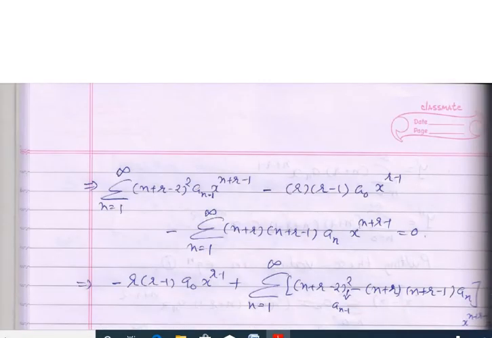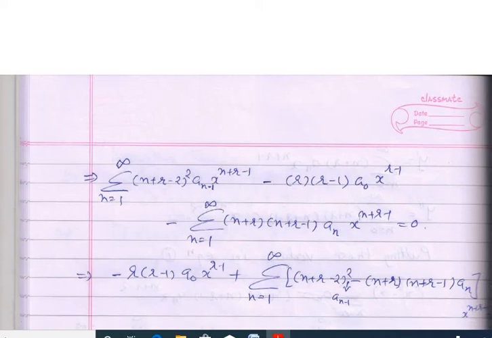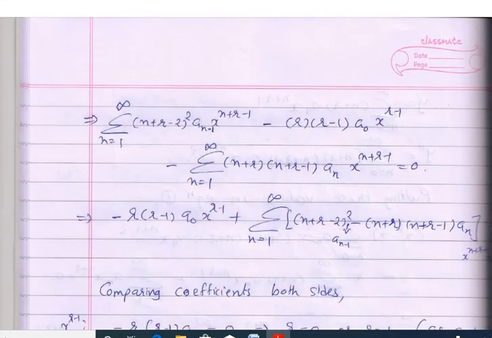So r into r minus 1 into a0 x raised to r minus 1, and then sigma remains as it is from n is equal to 1. So this term remains as it is, and from these two we are going to common out sigma and the power of x. So x raised to n plus r minus 1 common out, and here you will have (n plus r minus 2) whole square a n minus 1 minus (n plus r) into (n plus r minus 1) a n.